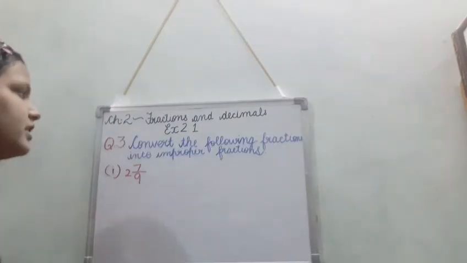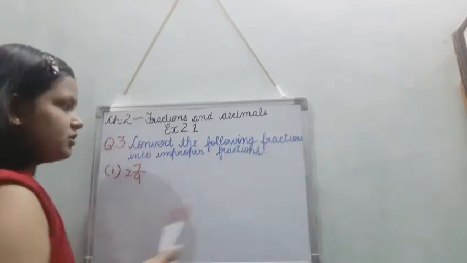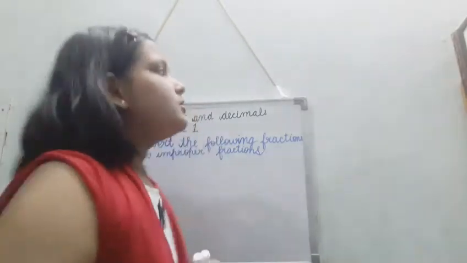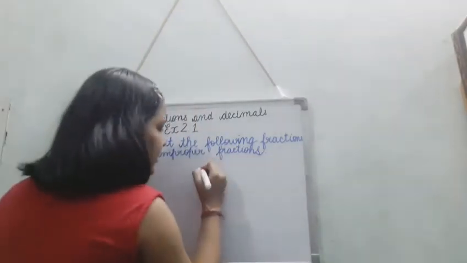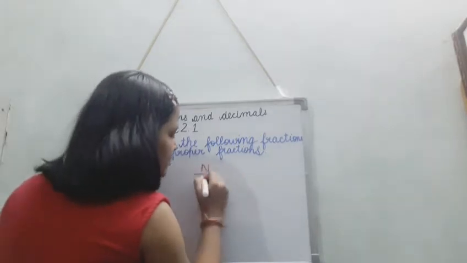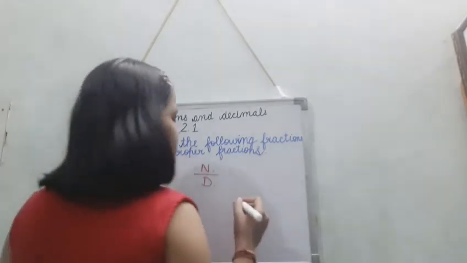So question 3 is, convert the following fractions into improper fractions. Firstly, you have to understand what improper fractions are. So in improper fractions, n means numerator and d means denominator.